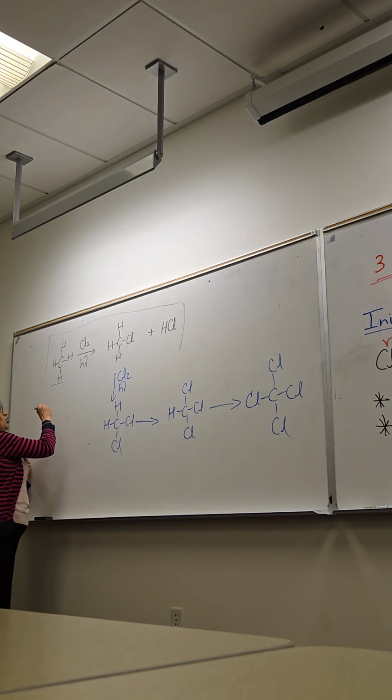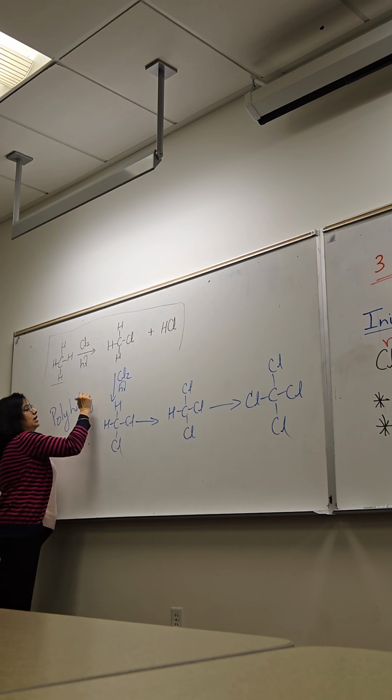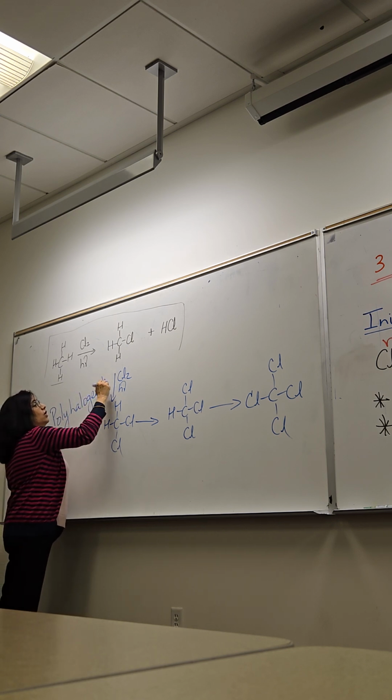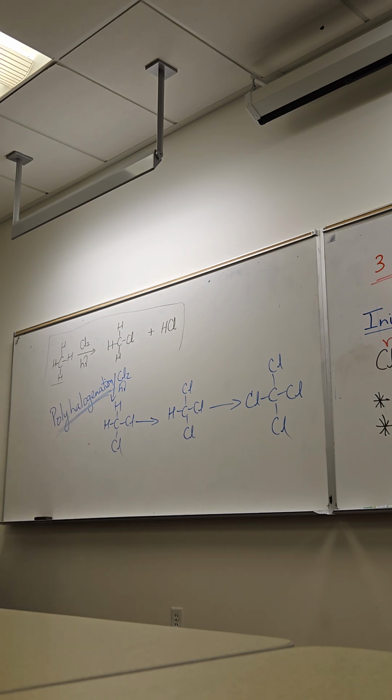The point is polyhalogenation. Putting more than one halogen on the same molecule is very, very common in these reactions. However, from now onwards, I will never talk about polyhalogenation. Keep in mind, polyhalogenation is always a drawback.